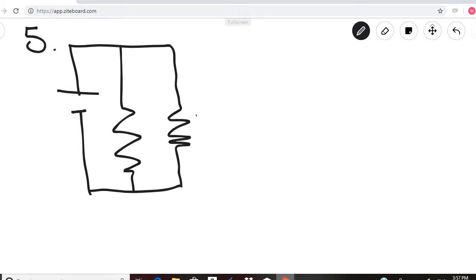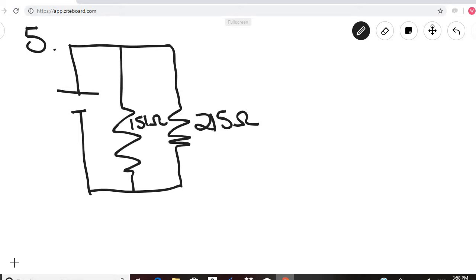So this is a 215 ohm resistor, and the one in the middle is 151 ohms. And we are not given the power source. So we are asked to determine the effective resistance of the following circuit.